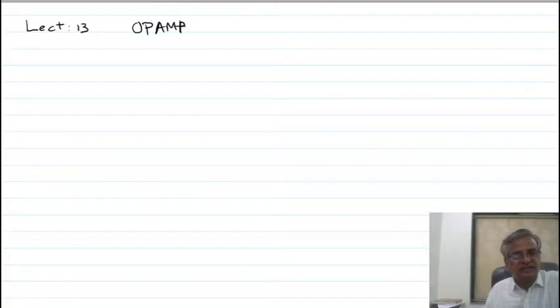In the last lecture, we have seen the inverting amplifier and a numerical for the inverting amplifier. We have also discussed the differential amplifier, and the property of the differential amplifier is very important. For a differential amplifier, the output voltage VO is proportional to the difference of the input signals.